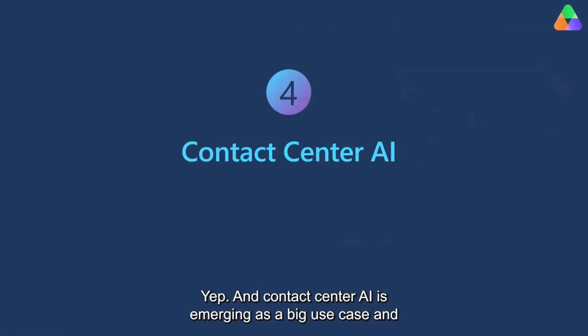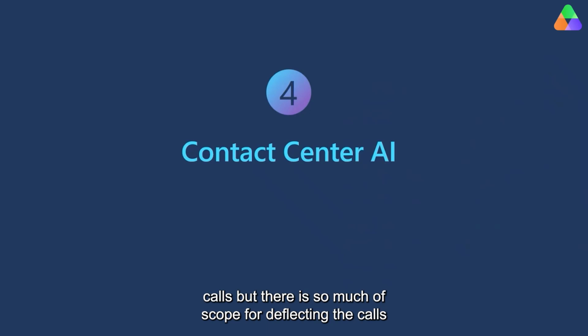Yep, and contact center AI is emerging as a big use case, and the reason is that there are agents who are taking the calls, but there is so much scope for deflecting the calls, again, to increase customer satisfaction, also to perform back-end work and help the agents resolve the calls faster so that your first call resolution increases.